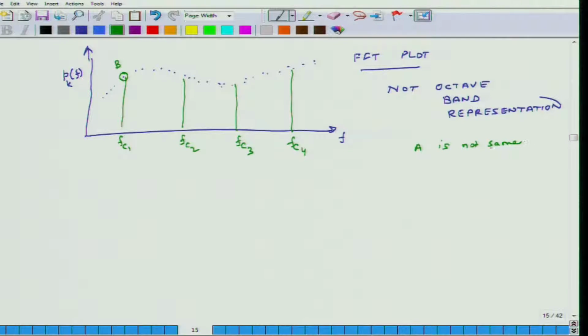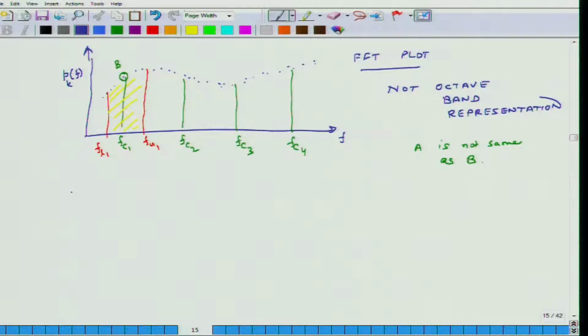That's not what I am interested in. What I am interested in is that this is FC1 and this may be FU1 and this may be FL1, okay. There will be this energy contained in this whole band, okay.